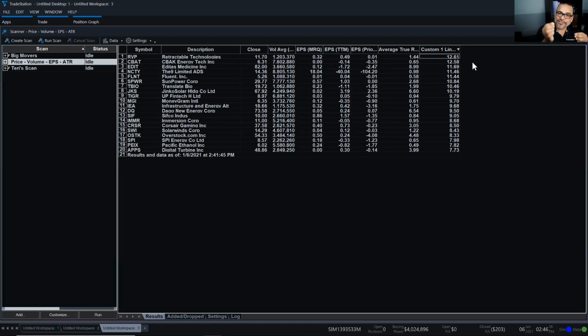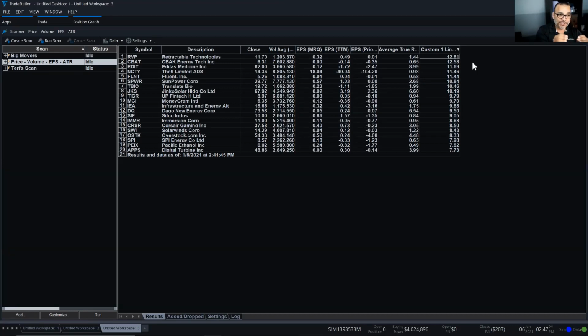That's 12% of the price of the stock every day for the past 14 days. Of course, something could have happened to that stock. We haven't even looked at a chart, but here is a stock that is outstanding in the way that it's moving in relationship to its price. What is happening to it? Maybe it's time for us to do some research and see if it's something that we would want to trade.